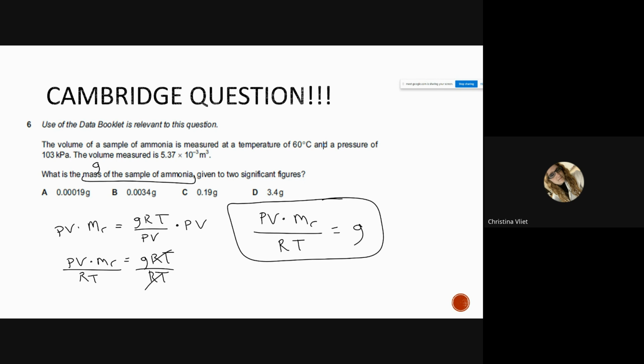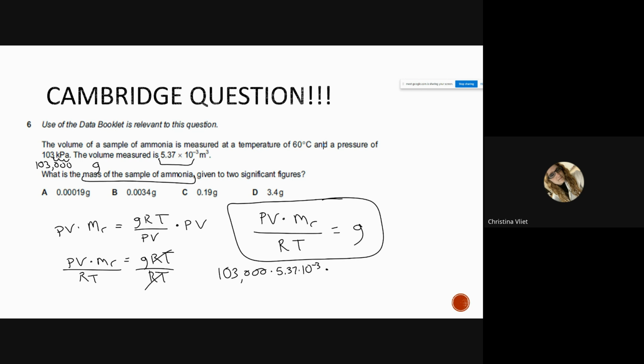We need to change KPA to Pascal. It's 103,000. Volume, what's the right unit? Meters. So times 5.37 times 10 to the negative 3. Multiply that by the MR.